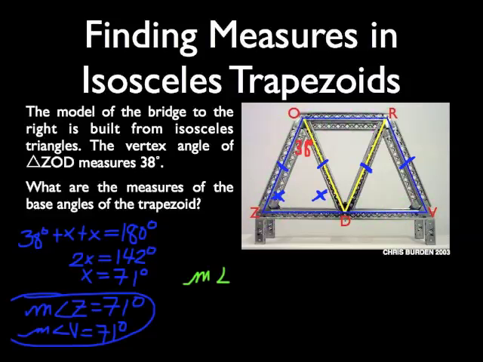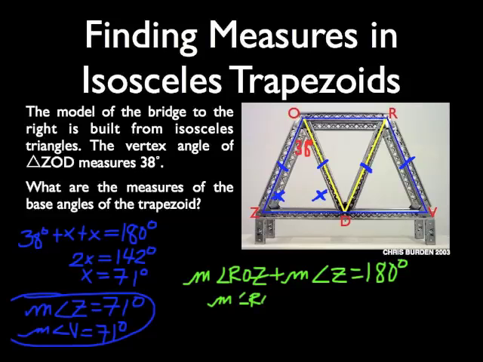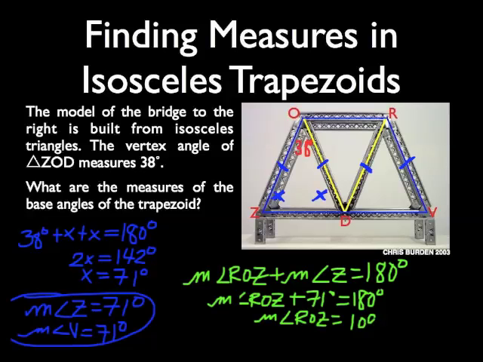So the measure of angle ROZ plus the measure, and we'll just call it angle Z because there is only one angle there at Z in our figure, has to equal 180 degrees. Well, we just found out that the measure of angle Z is 71 degrees, so that means that the measure of angle ROZ has to be 109 degrees.